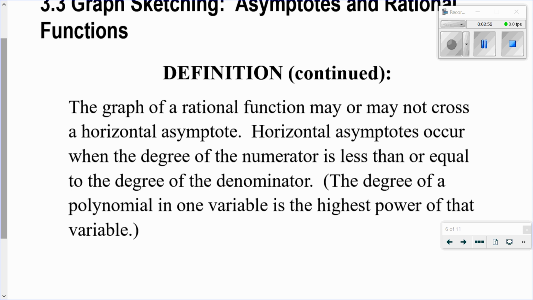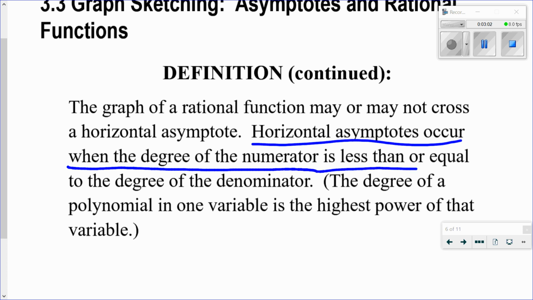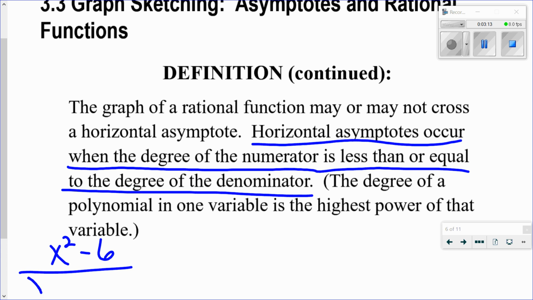Now, horizontal asymptotes is very important to note. Horizontal asymptotes occur when the degree of the numerator, the top, is less than or equal to the degree of the denominator. Okay, so I'm going to give you two examples. So if I had x squared minus 6 over x squared plus 3, that would be one example of when we would have a horizontal.